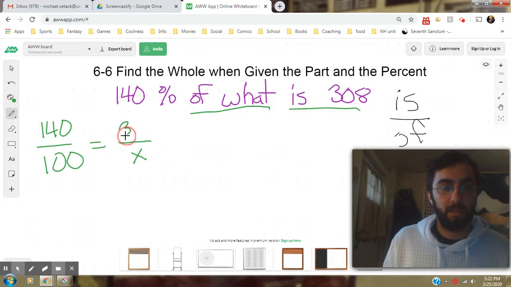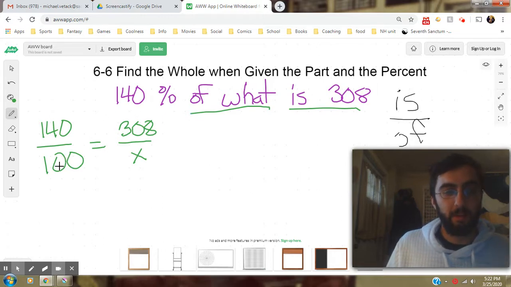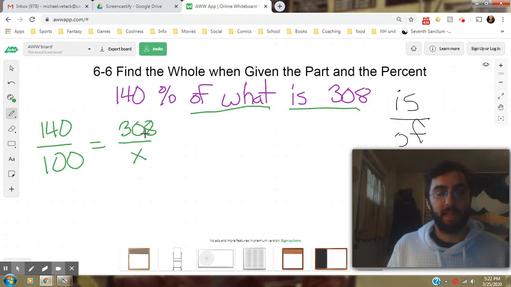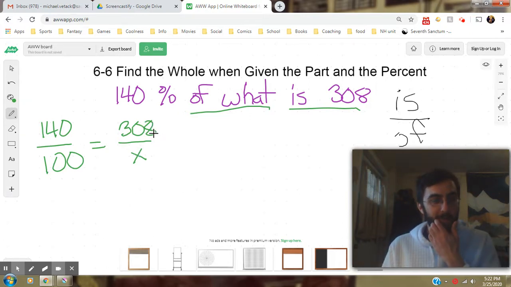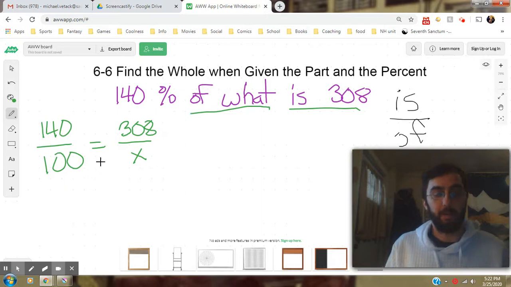Now, if I look at this logically, 140%, that is more than the whole. So in a test, that means you got maybe 40% of the bonus correct on top of the 100% you could have gotten. So my answer here is actually going to be less than 308 because 140 is greater than 100.